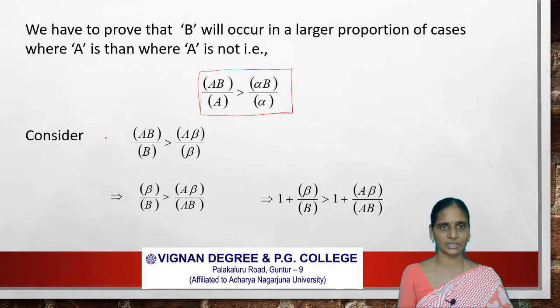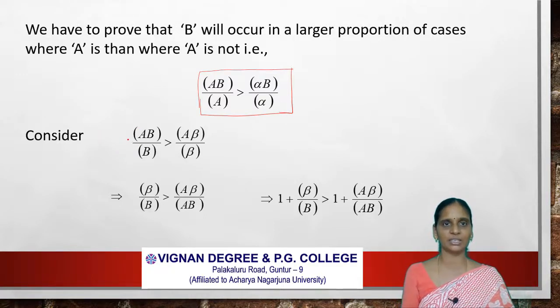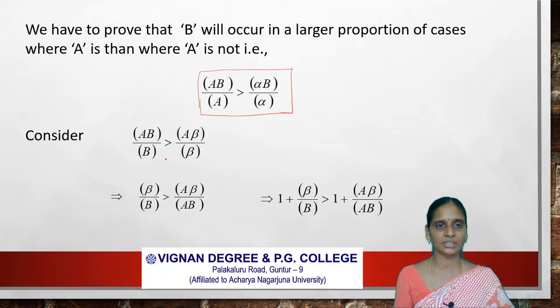So first we have to consider the given condition. That means A will occur in a larger proportion of the cases where B is than where B is not. That means frequency of AB by frequency of B greater than frequency of A beta by frequency of beta. Now we have to interchange the terms in the next step, frequency of beta and frequency of AB.